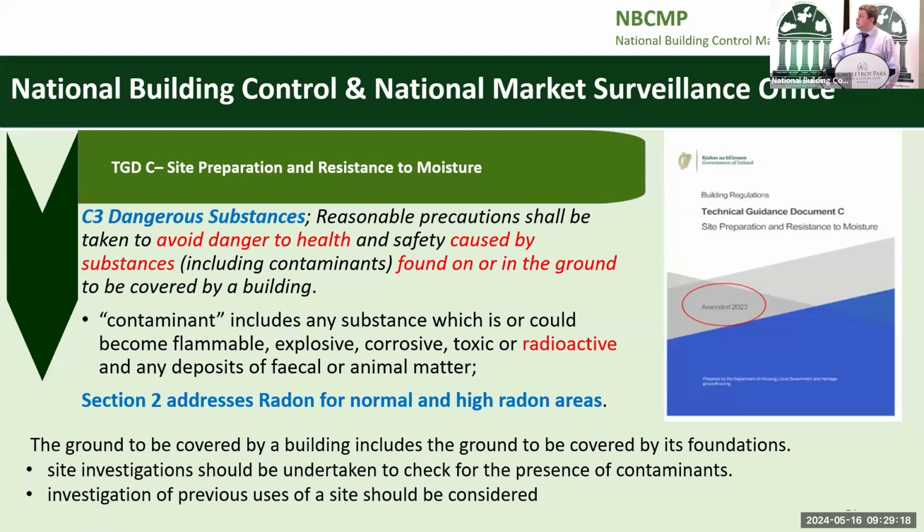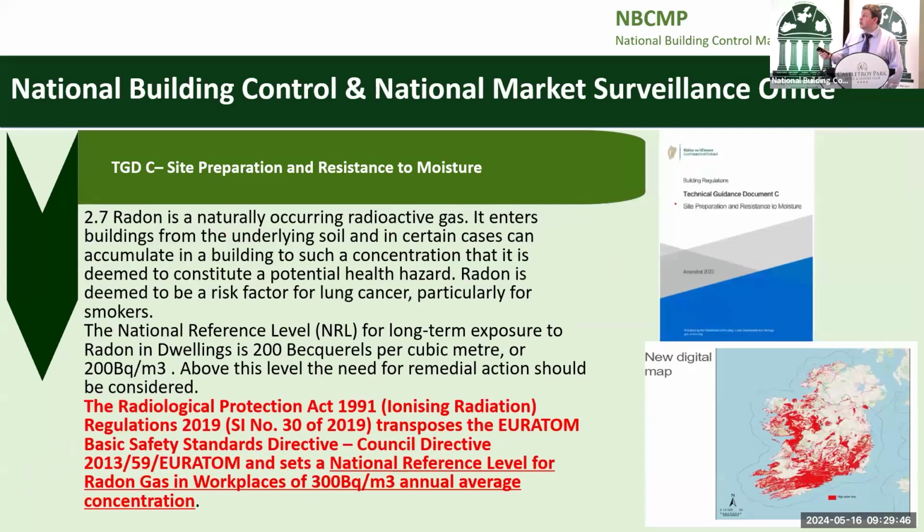Dangerous substances, and this is really the contaminants and radioactive material, and radon has been addressed in this section. Most people come across the radon issue, but it all deals with contaminated land as well, which is probably going to become more prominent in the future, and we'll probably do a short webinar based on that.